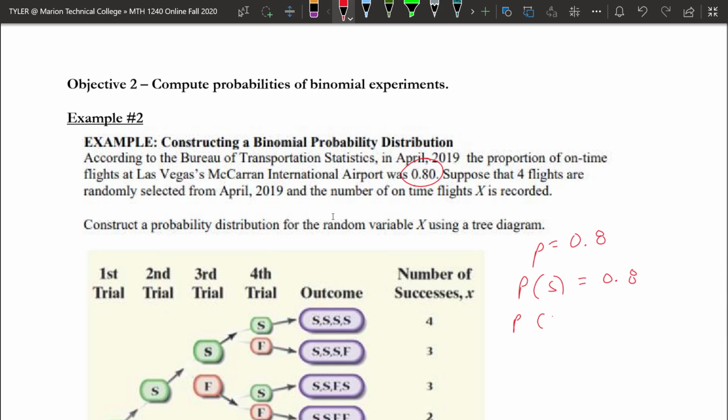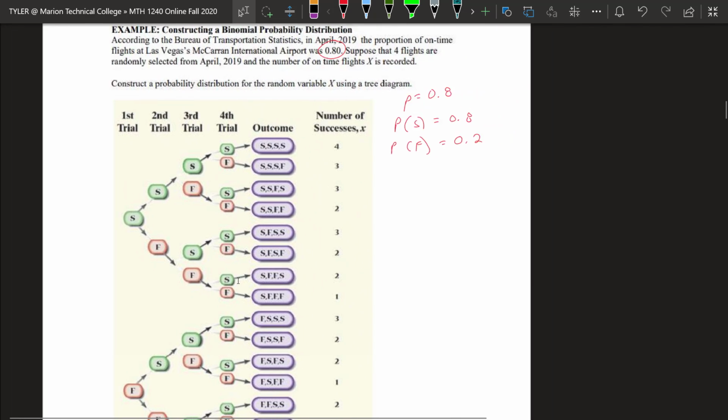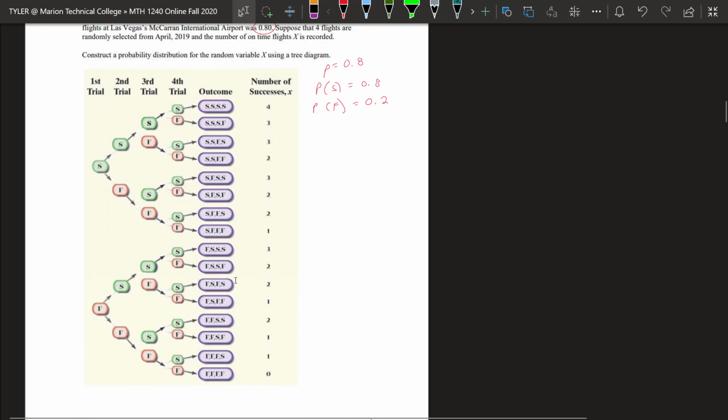So that means that a probability of a failure is 0.2, right? Because they have to add up to 1. So that'd be 1 minus 0.8, which is 0.2. So that's just using the complement rule, right? So there's only 2 options in binomial. So then what we have here, let me zoom out so you can see the whole thing.